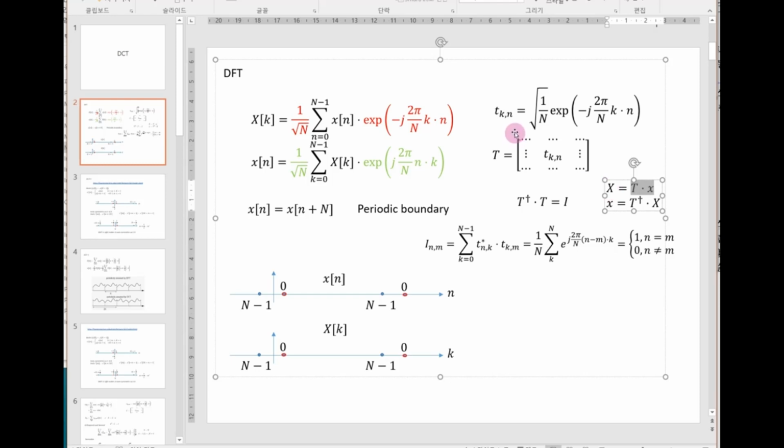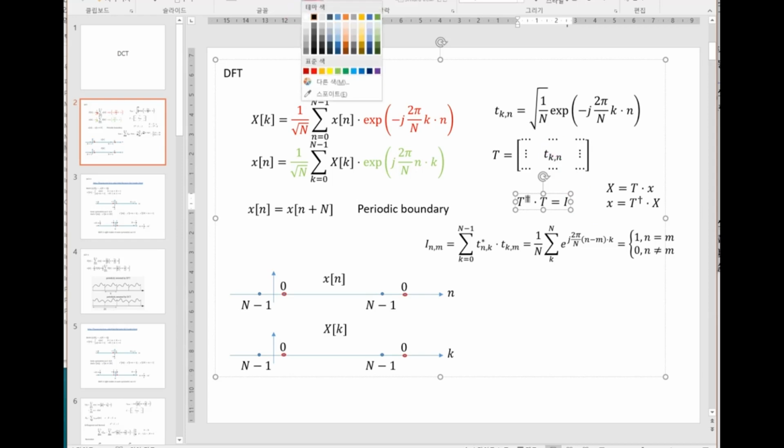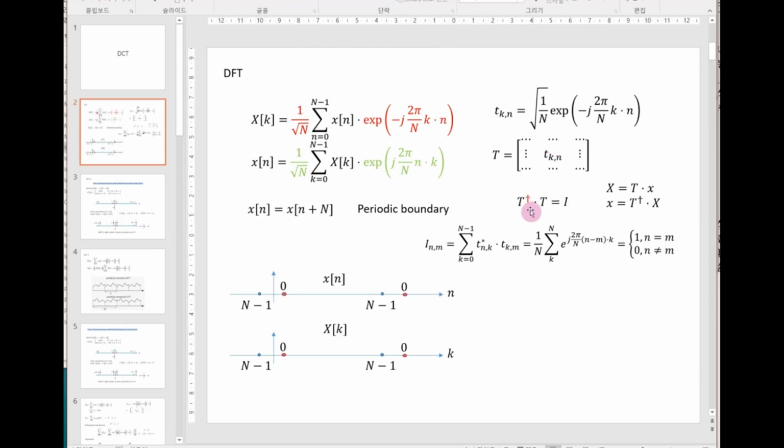But if you take the transpose and the conjugate, that is expressed by dagger. Dagger is the transpose and complex conjugate. Then we can express the dagger like this: exponential of minus j 2 pi over n times nk.